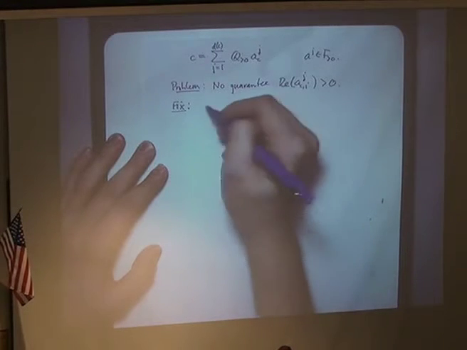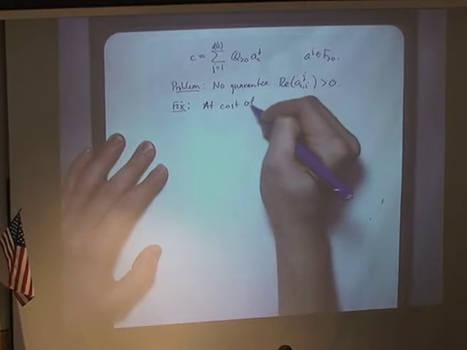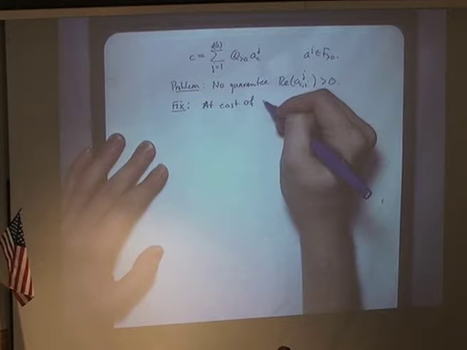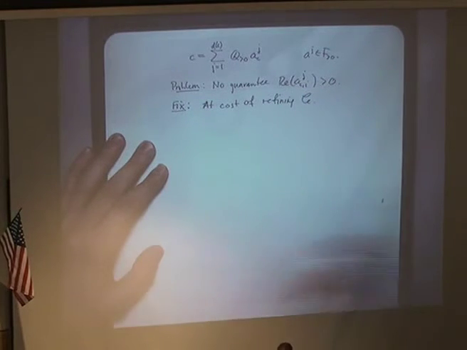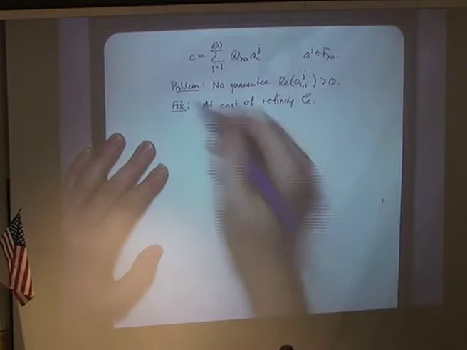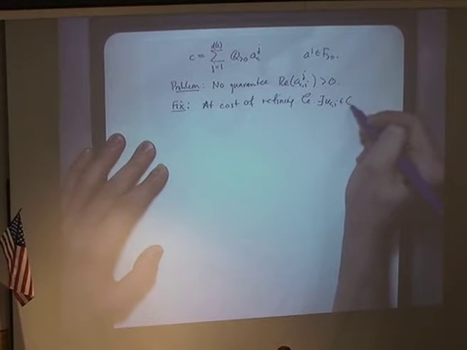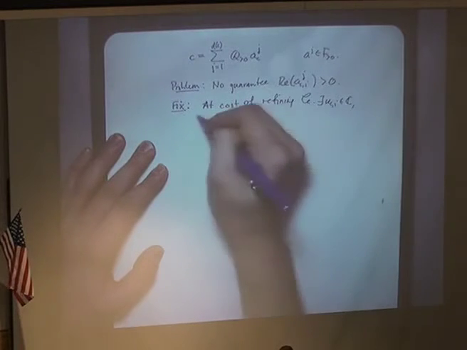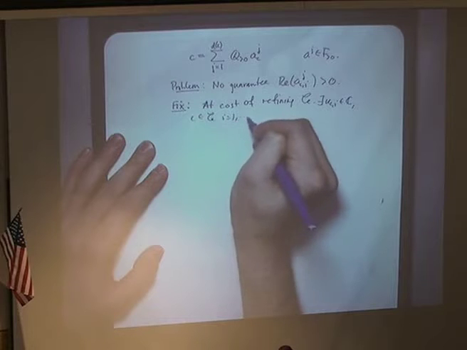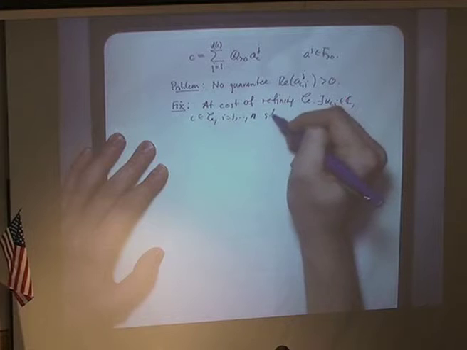The fix is that at the cost of perhaps refining our decomposition, meaning refining each cone in C, there exist complex numbers which I'll index u_{C,i}, indexed by cones in C and i indexing the embeddings of our number field, such that the following properties hold.